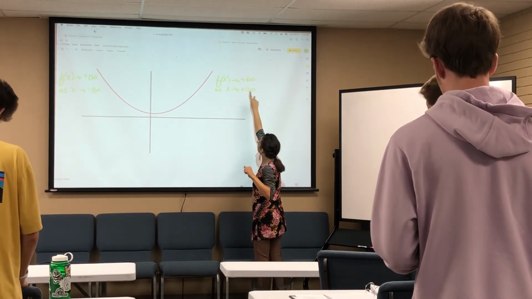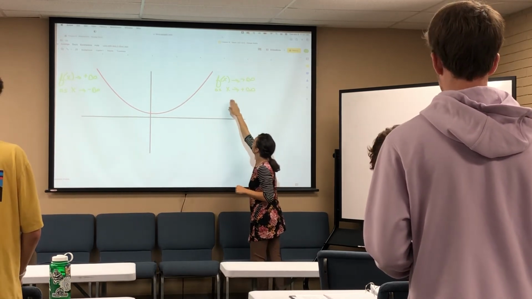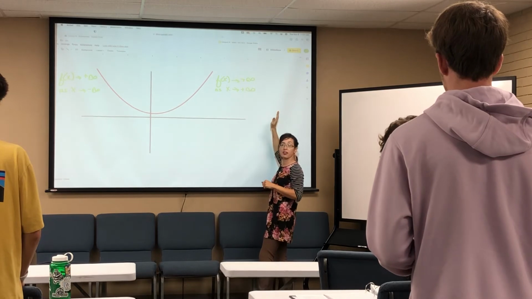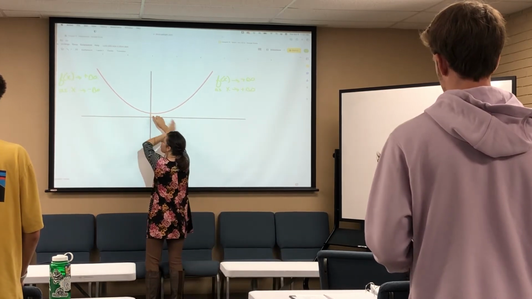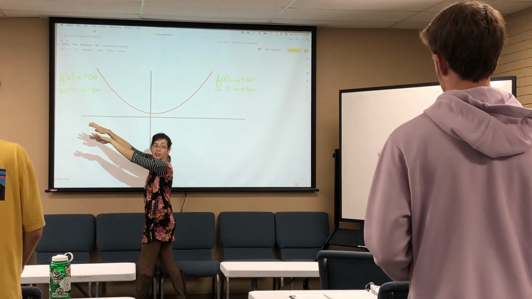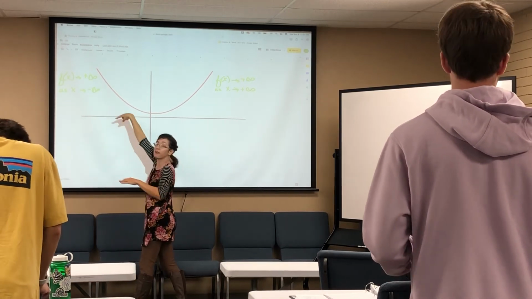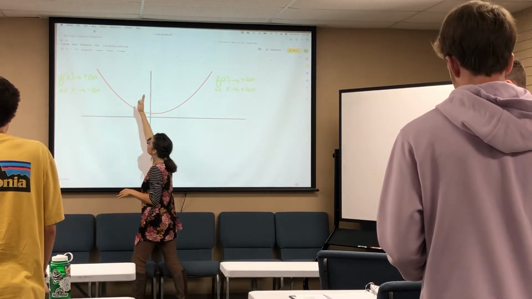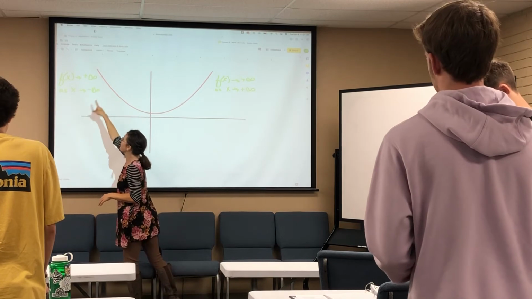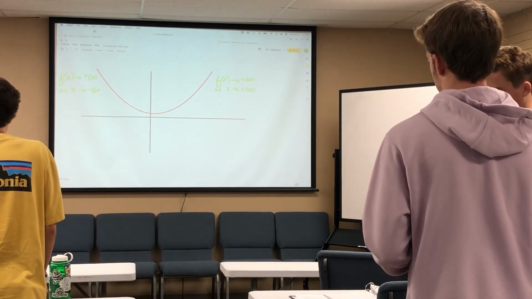As x goes to positive infinity, y is going to positive infinity. It could also be said that as x is going towards negative infinity, all of my x values are going more and more negative, my y values are doing what? Still positive. So as x is going to negative infinity, y is going to positive infinity.